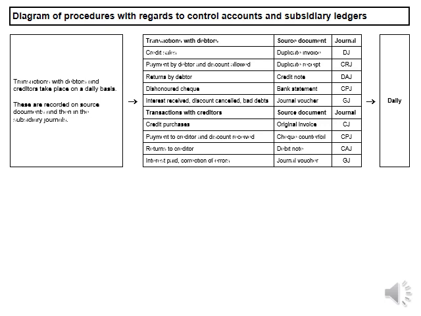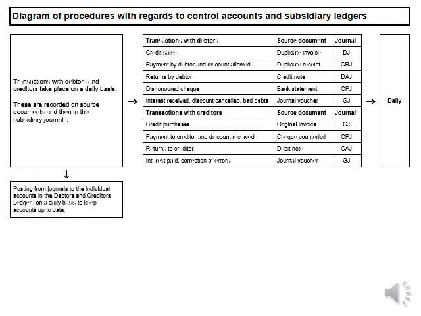Now, these transactions will take place on a daily basis and will be recorded in the journals on a daily basis. Posting from the journals to the individual accounts in the debtors and the creditors ledger is done on a daily basis to keep the accounts up to date.